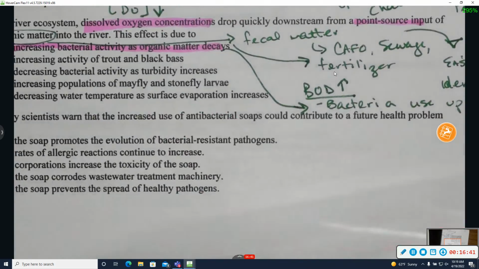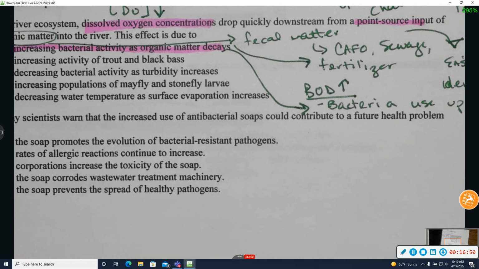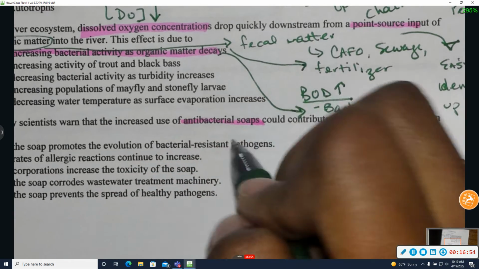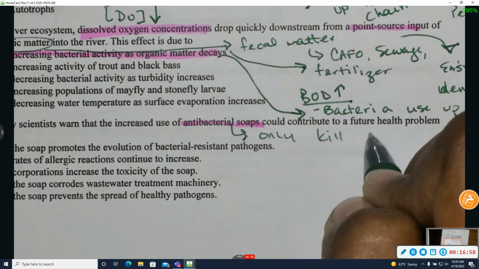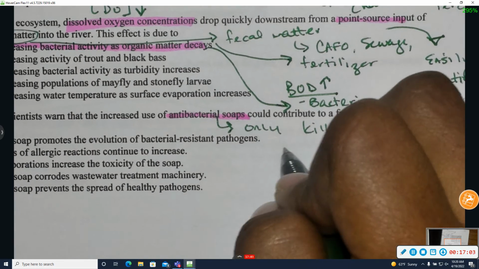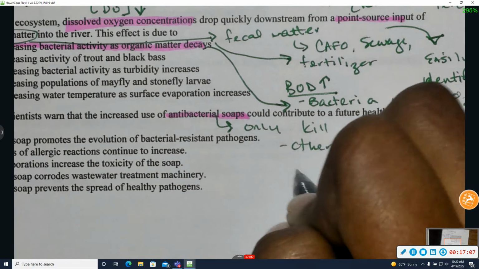All right, so next one. Scientists warn that the increased use of antibacterial soaps kill bacteria, but they don't kill all of them, only 99.9%, so that other 0.1% doesn't go away.